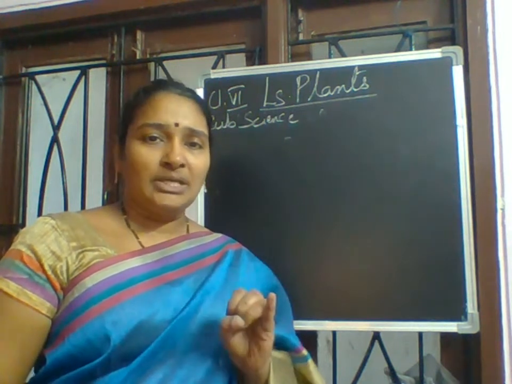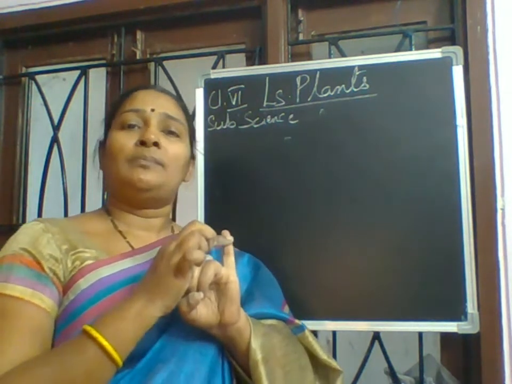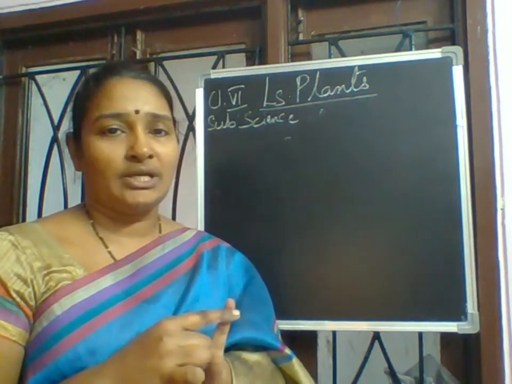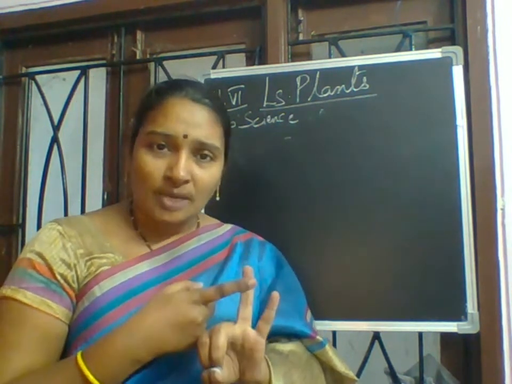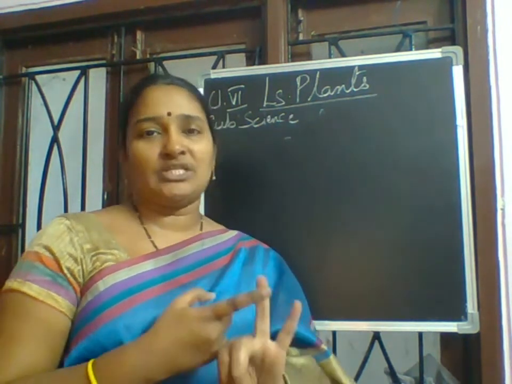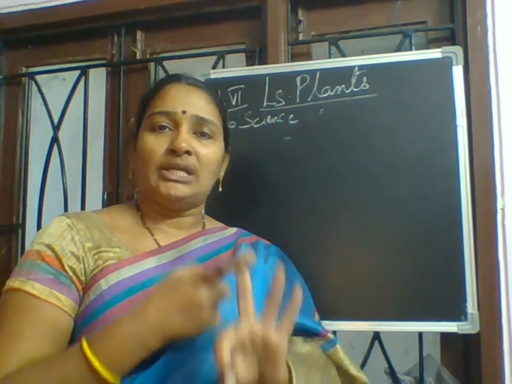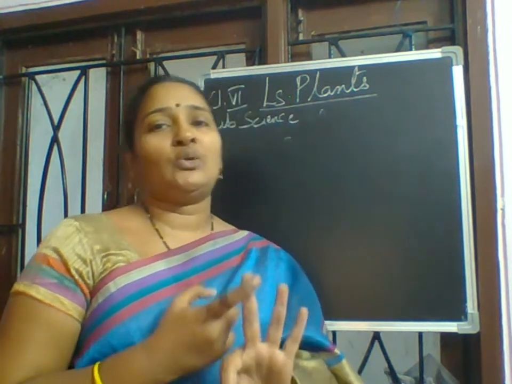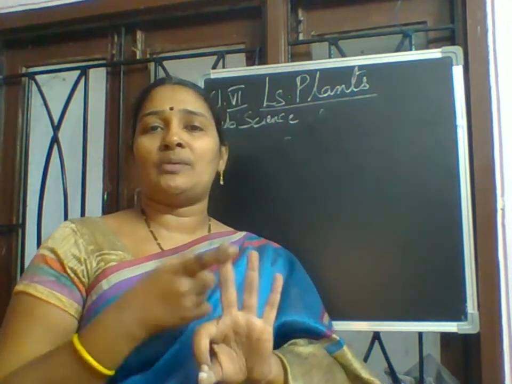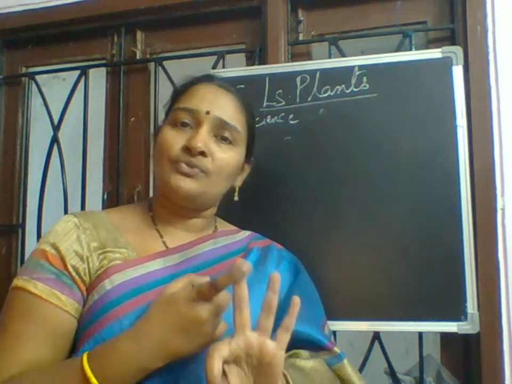The roots hold the plant firmly to the soil. Second, it absorbs water and minerals from the soil. Third, when it is holding the soil, it prevents soil erosion. These are the three important functions of root.